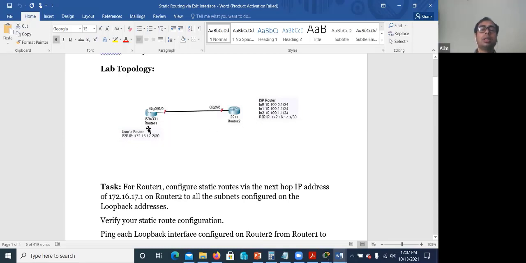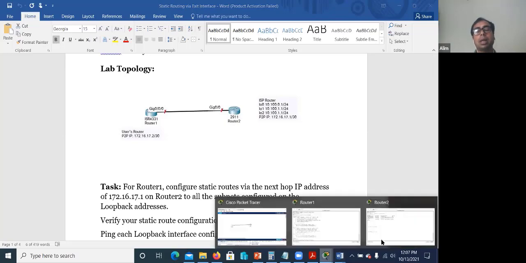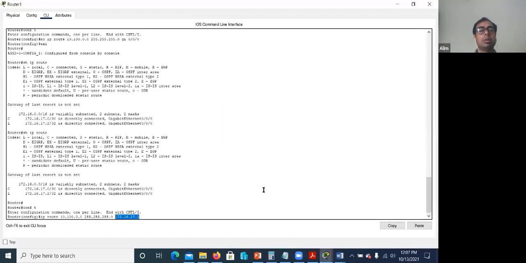You just instructed the user's router to go to that router through the next hop. Next hop means our ISP interface IP address. We just put it here and execute the command.